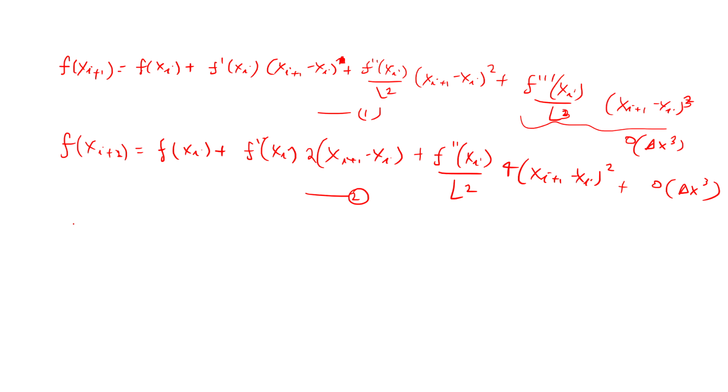Now this is my second equation and this is my first equation. What I am trying to do is subtract the first equation multiplied by 2 from the second equation.